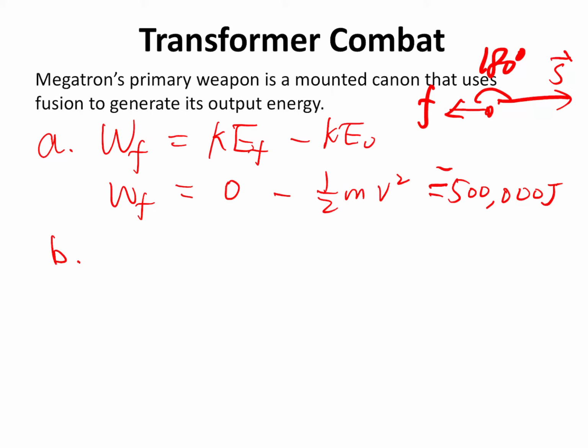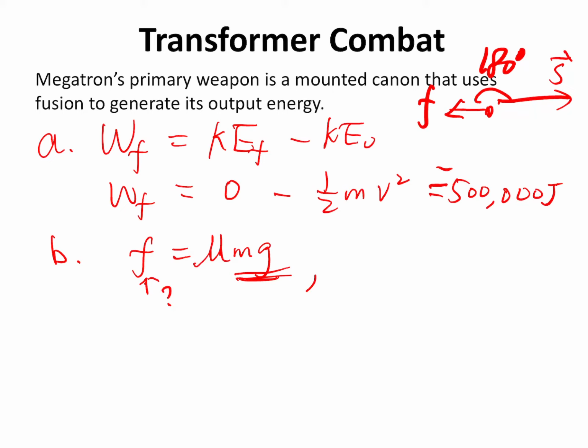Question B asks what's the coefficient of friction. Well, we have the equation that friction equals mu m g, and we know this one. If we want to calculate mu, we definitely need to figure out what the friction is.